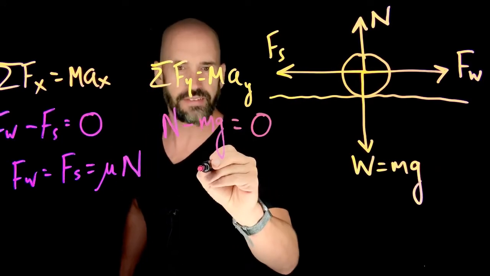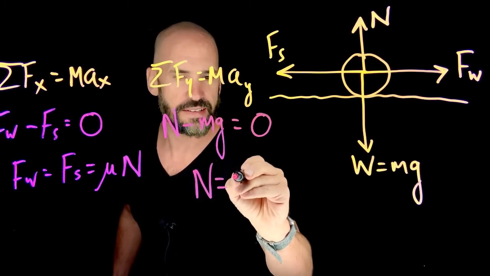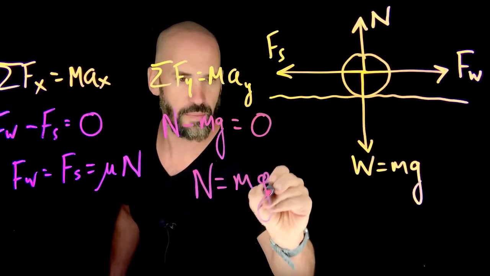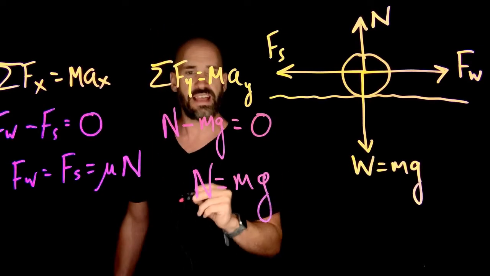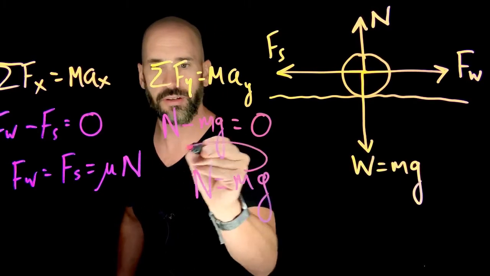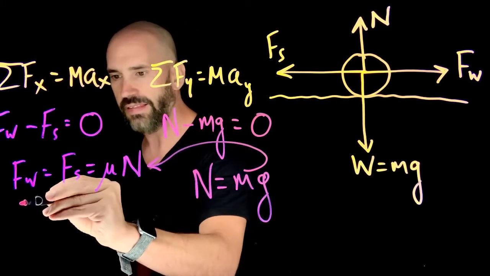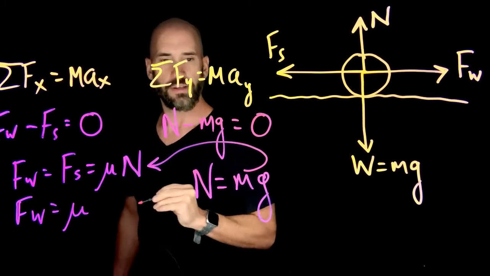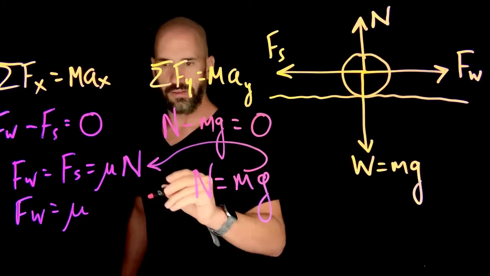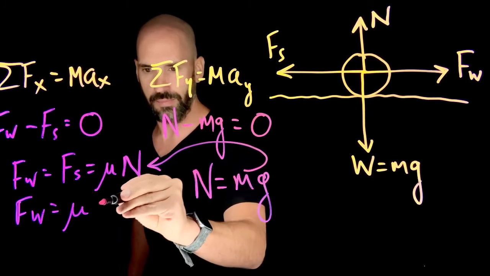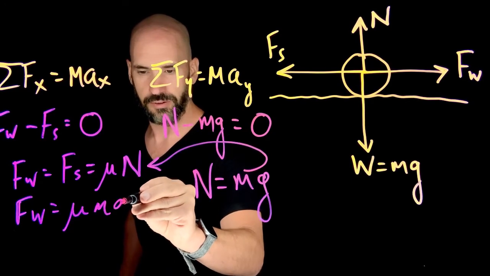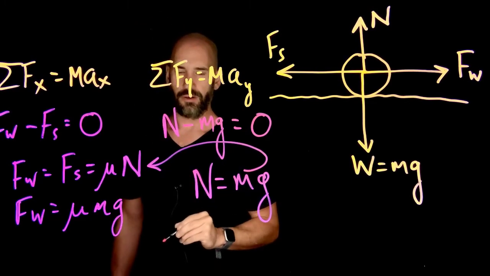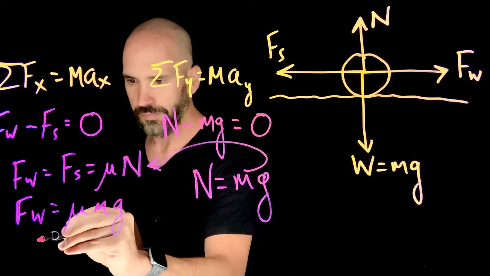Okay, this tells us that our normal force is actually just equal to our weight, or mass times gravity. And how convenient is that? Because now I can just take this normal force and put it in over here. And that means that my wind force is just equal to mu times m times g, okay?